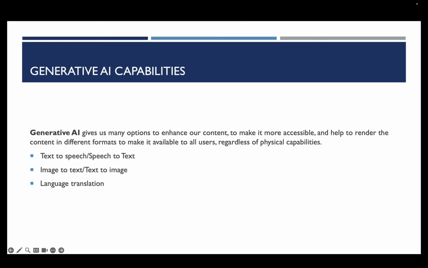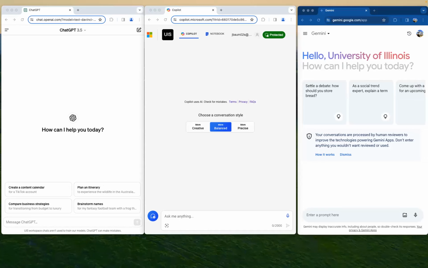What I'm going to do is show you an example of prompting all three of those models I just mentioned. I have all three of them pulled up. For the sake of consistency, I have the 3.5 version here.